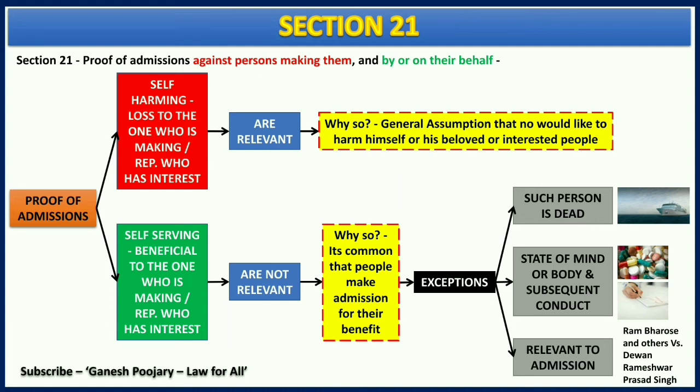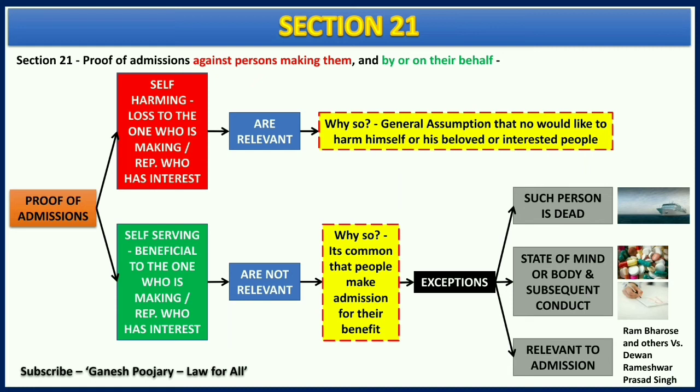Now, the only thing that you need to observe in the chart is those two yellow boxes with red outlines. These are the assumptions that I have added. They are not spoken very clearly or in black and white in the section, so I have kept them in yellow boxes. Rest of the things, everything is covered under the section itself.